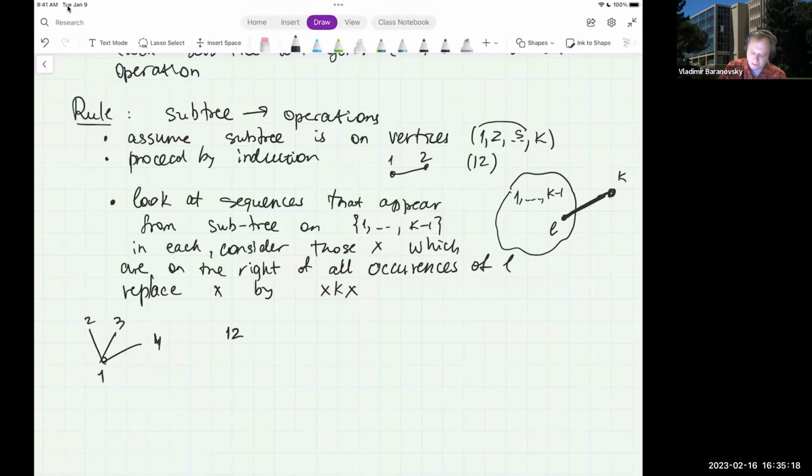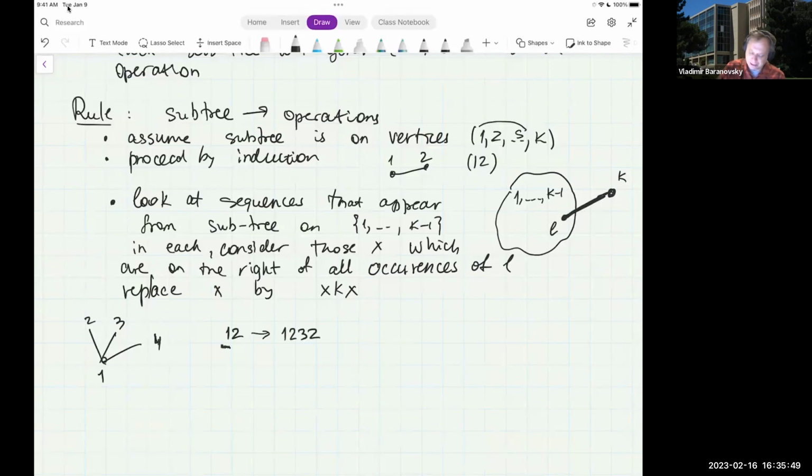Then we throw in 3, and 3 gets connected to L equal to 1. So we are bothered about the last occurrence of 1, and we look at everything to the right of it, and if x is that value, we can replace it by x, 3, x. In this case there is only one thing we can do. We're replacing 2 by 2, 3, 2.